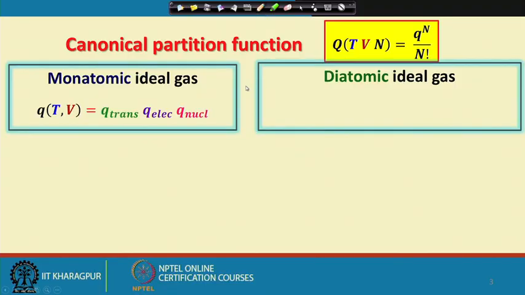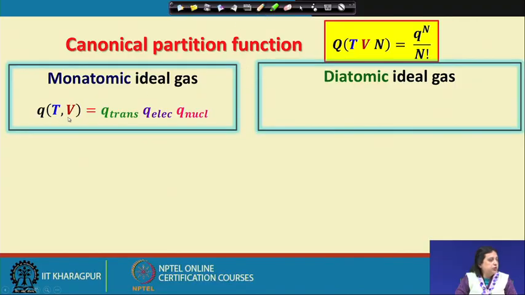In the case of a monatomic ideal gas, we have been able to show that the small q derives contributions from three distinct factors: the translational partition function for the single particle, the electronic partition function for the single particle, as well as the nuclear partition function for the single particle.